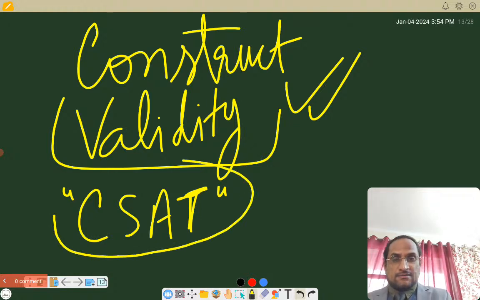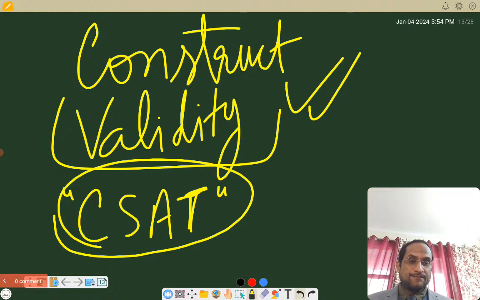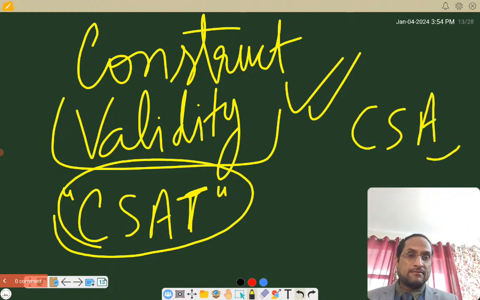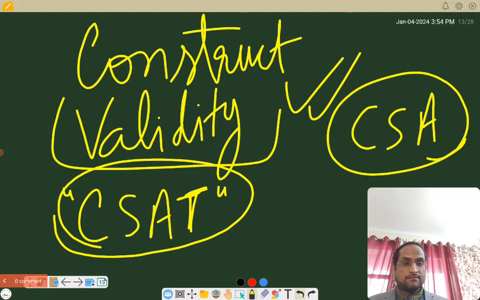This construct, civil services aptitude CSA, should converge, should correlate with the theoretical construct in question, that is aptitude.